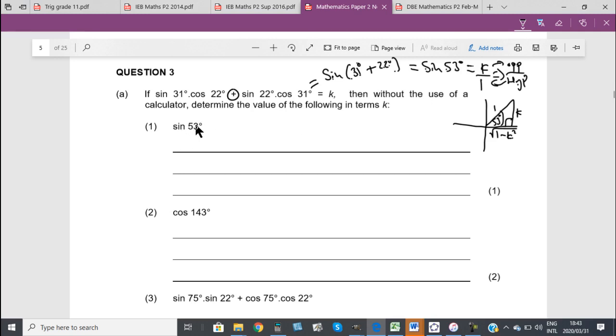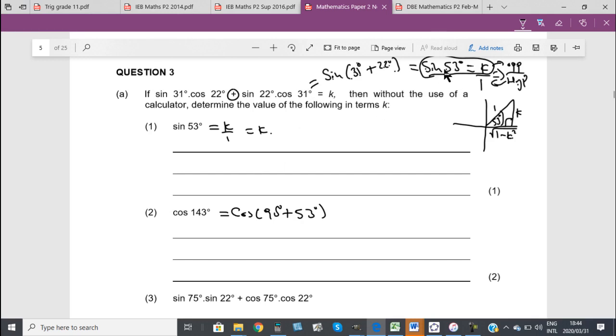Sine 53, this is K. We already have that from here. Well, you can have it as K over 1 if you like, but it's K. Now down here we have cos of 143. Notice that this is the same as cos of 90 plus 53. You should always try and relate this to what is given or to what we have.